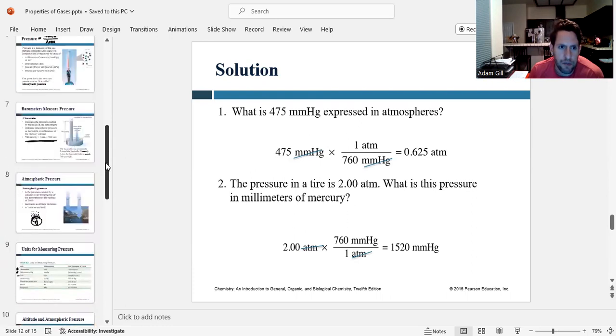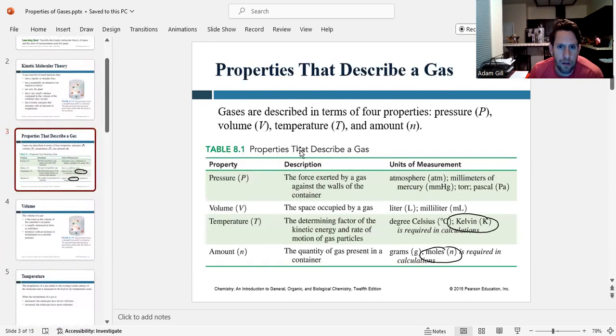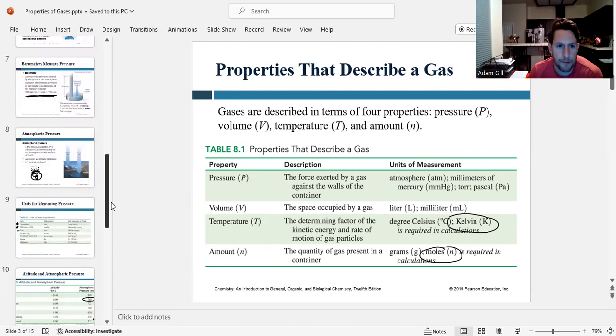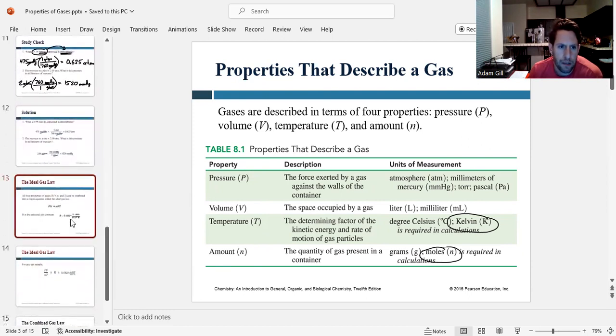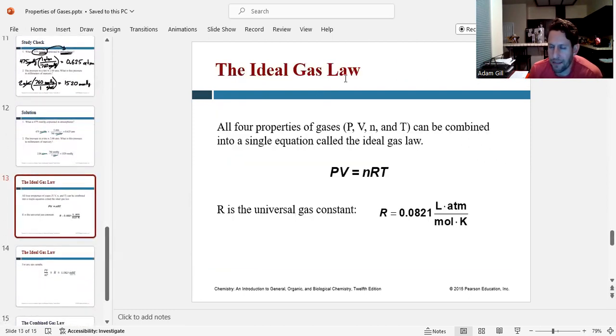So now that we've talked about these 4 properties of gases, let's look at an equation that relates all of these. Your book doesn't discuss this, but this is pretty much covered in every other chemistry textbook I've ever used. It's pretty important to know. This is called the ideal gas law.